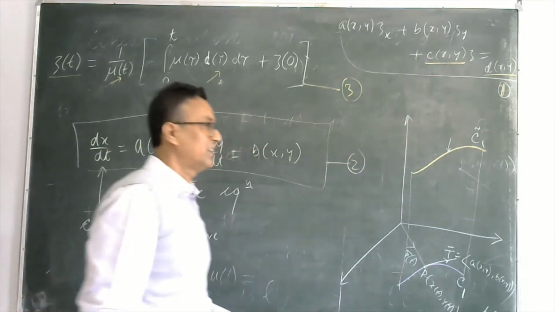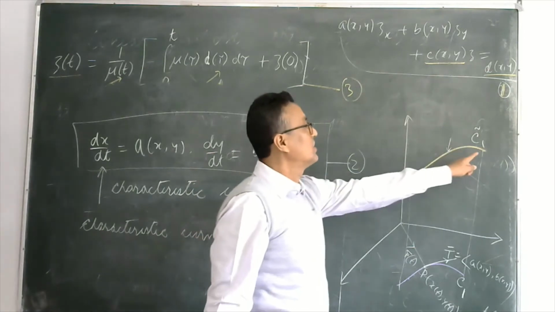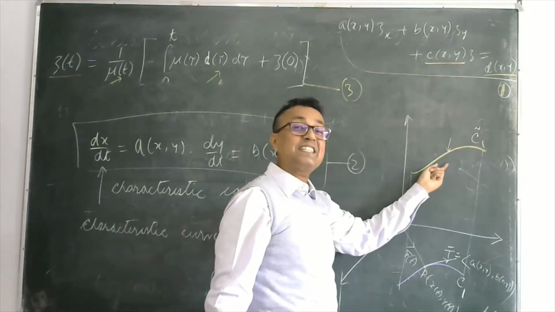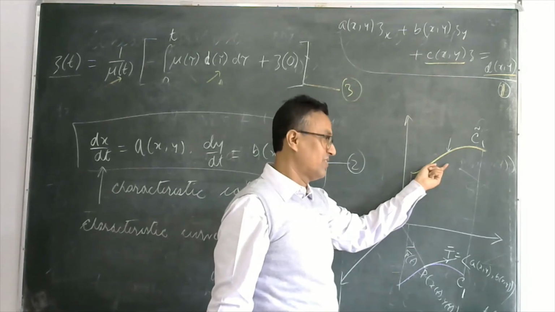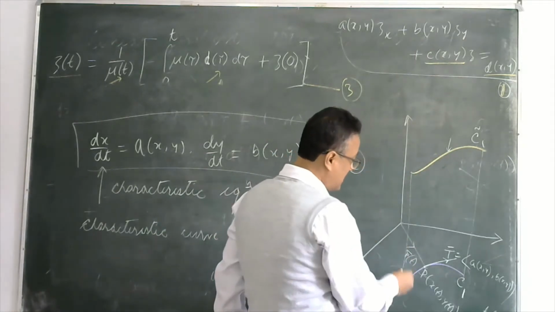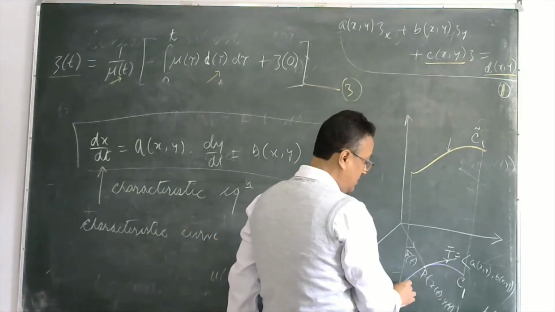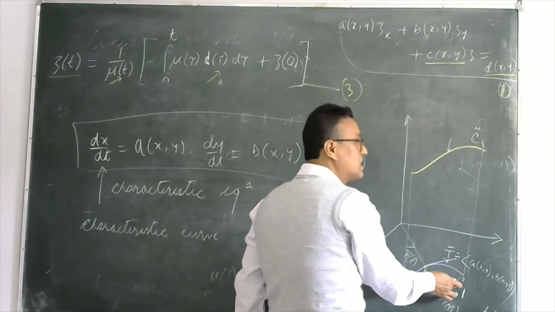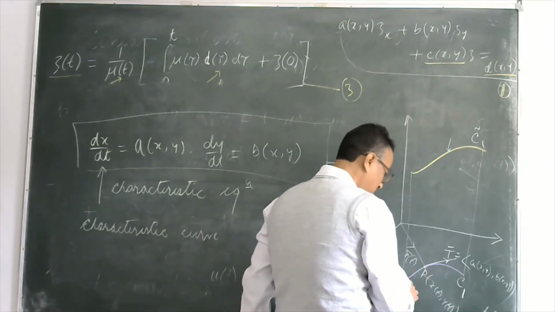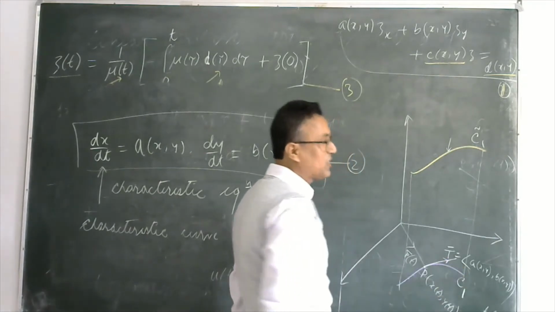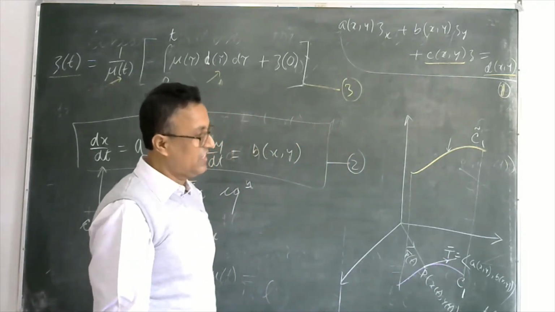In some books you will find that they call this curve also a characteristic curve. But if we concentrate on the curve in the xy plane, this is called a characteristic curve in the xy plane.